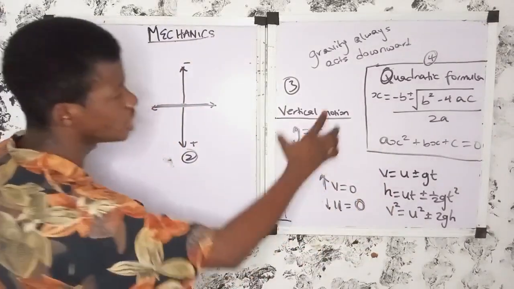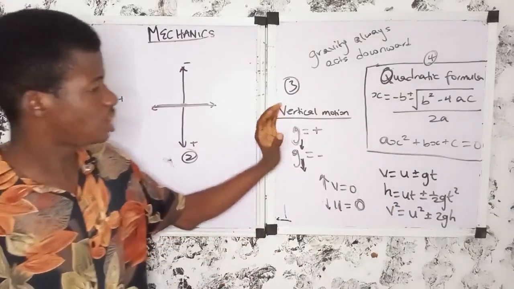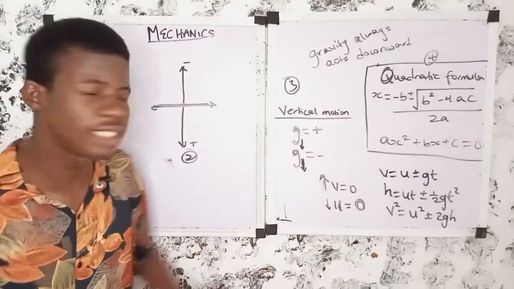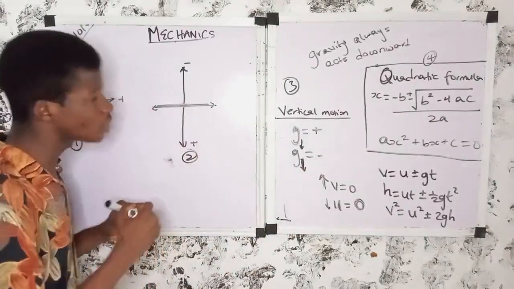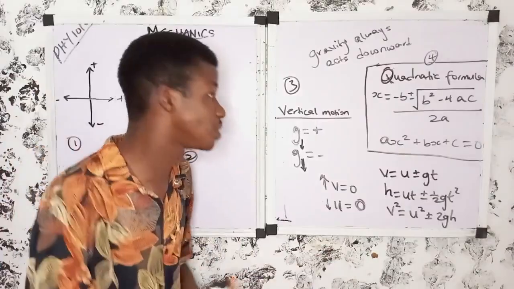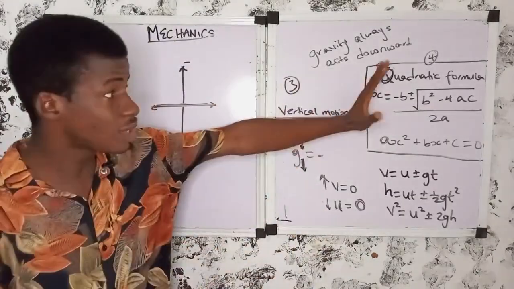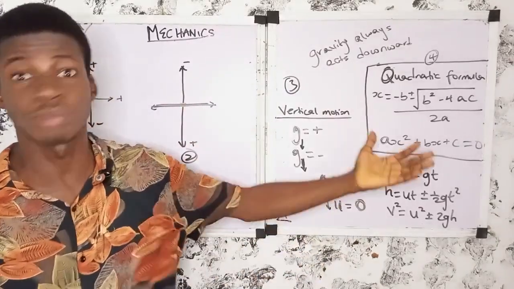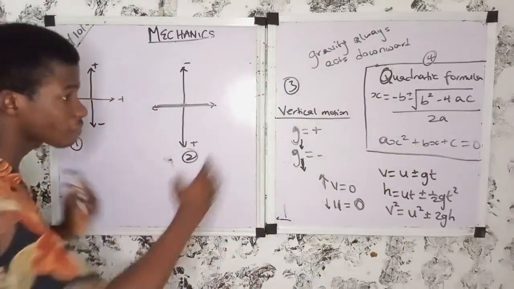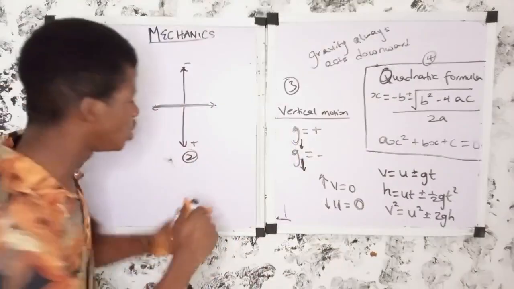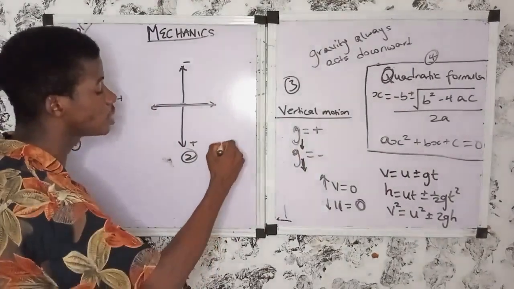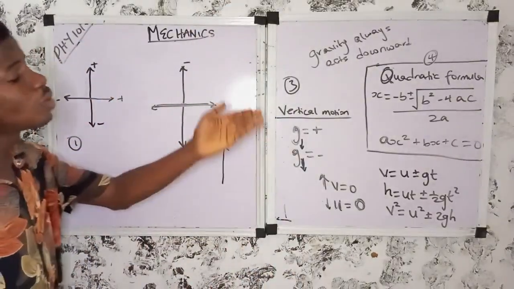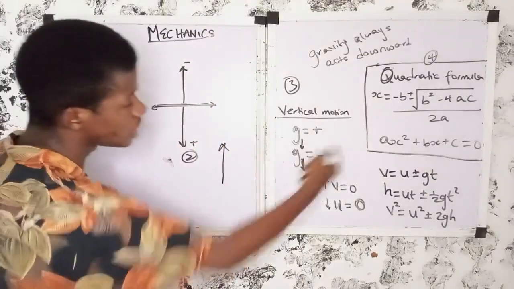Now, if you look at this part of the body, you find out that g is positive. You see g is negative. Now, please take note because this part is very, very important. This part of vertical motion as well as the other parts are very important because we usually make use of them in projectile as well. Now, when you throw a body upward, what is the sign for g?